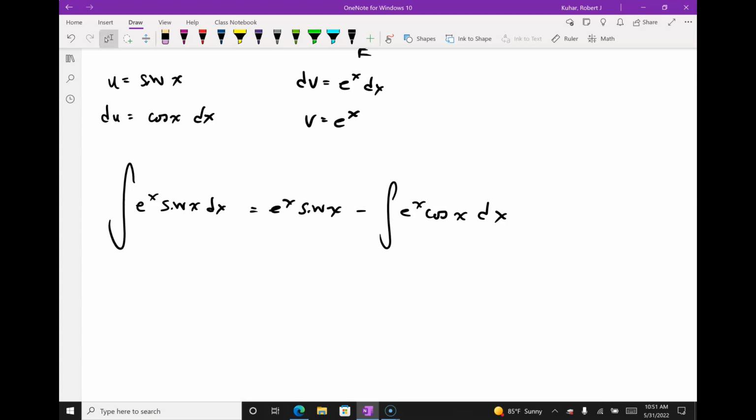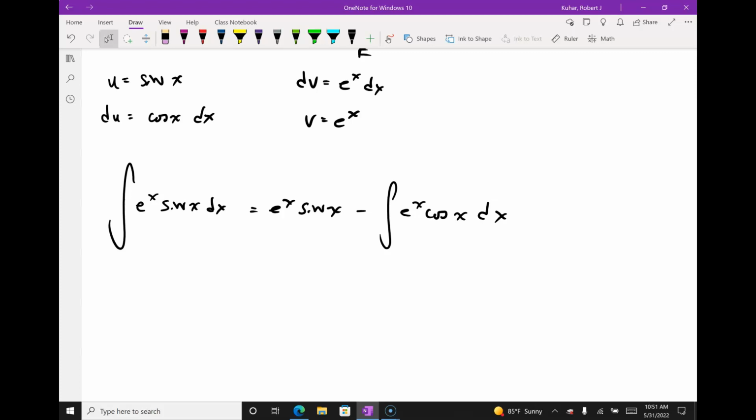Well, I've got to do by parts again. That's not what I'm calling a loop. But when I do the by parts again, believe it or not, I'm going to get another integral that's going to be e to the x sine x dx. And that's my loop. That's going to get me back to the beginning.